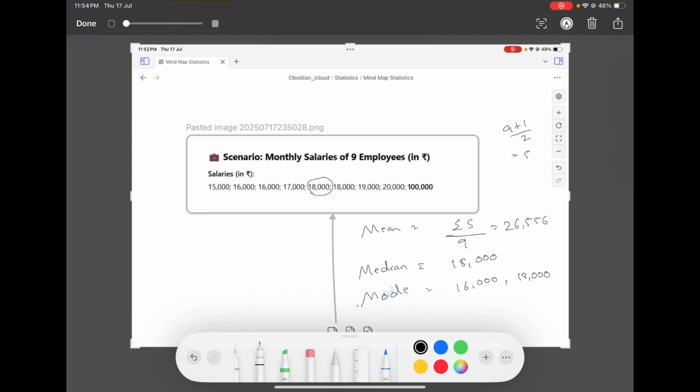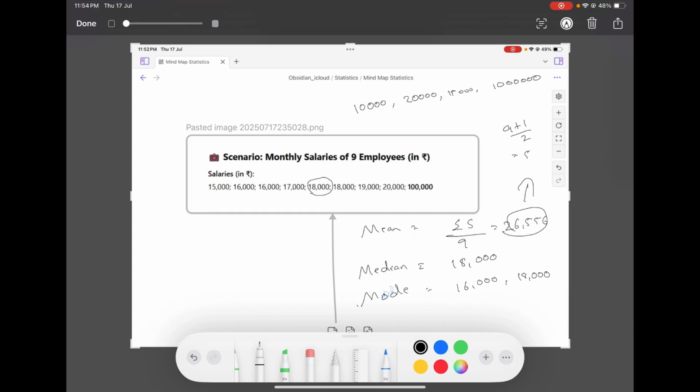Sometimes the salary can be like this: 10,000, and so many people will get 10,000, 20,000, 15,000, etc. And there are some people who are earning 10 lakh. So in that case you can see the mean will go up.